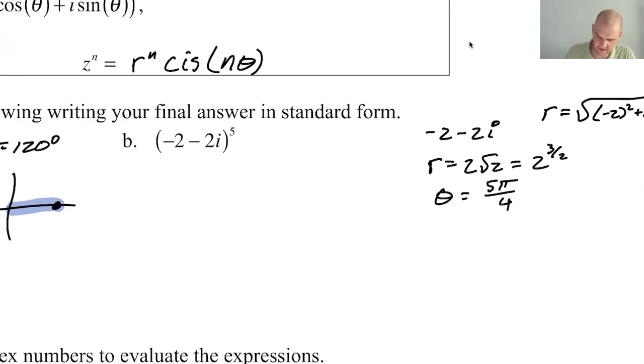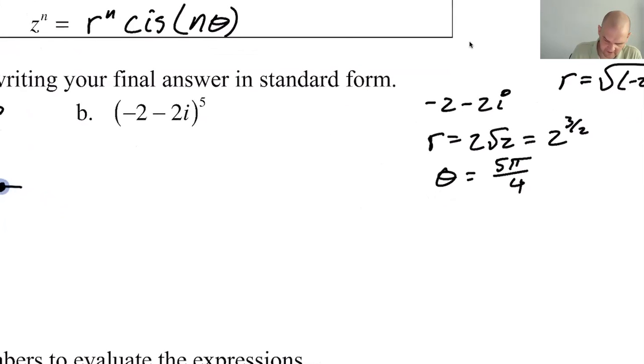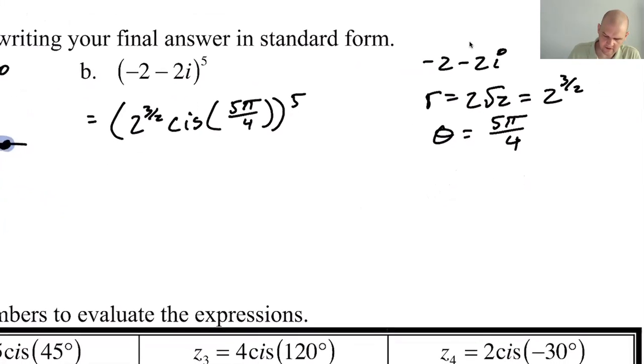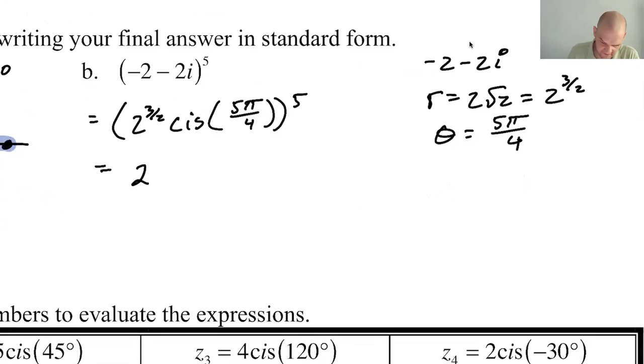All right, so I want to raise this to the 5th. So this is equivalent to 2 to the 3 halves cis 5 pi over 4, to the 5th. A power to a power, you multiply the exponent, so 15 halves. That's weird. Cis, now you multiply, so it's n times theta.